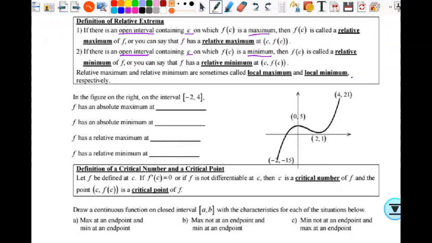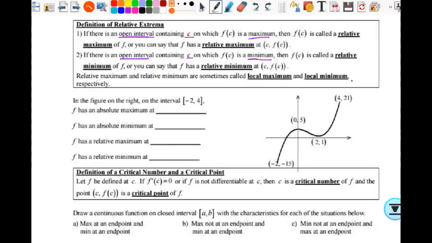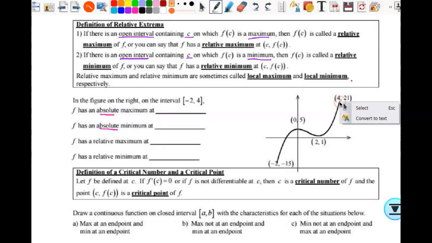So when we look at this function here, it says in the figure at the right on the interval, and this is a closed interval, the absolute maximum or minimum, so absolutes, that's the biggest and smallest values here and here, right.